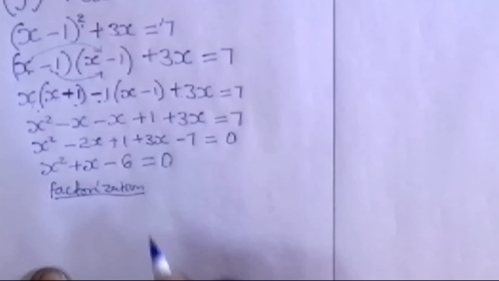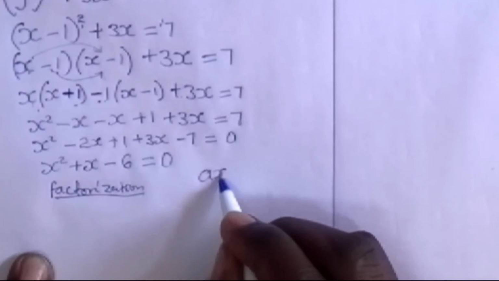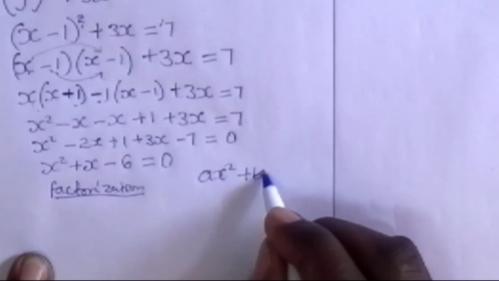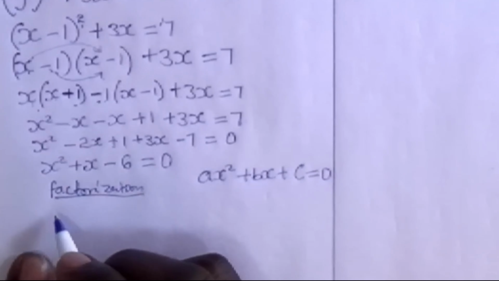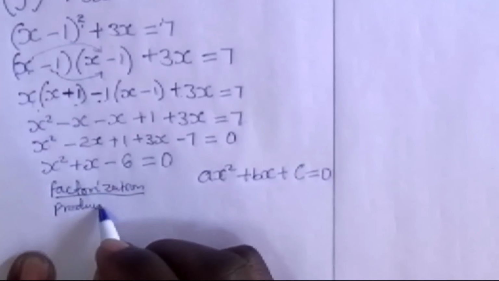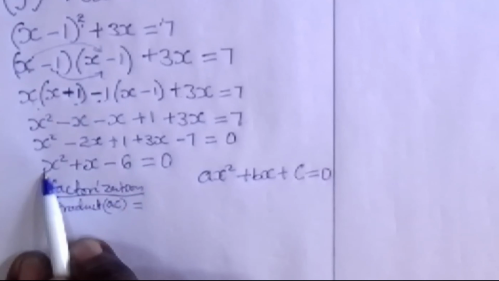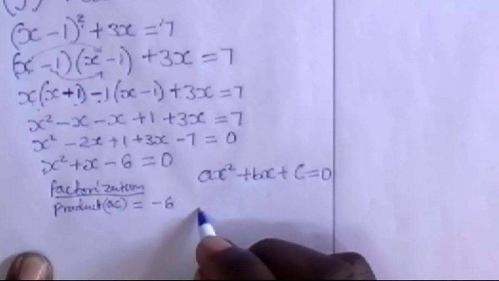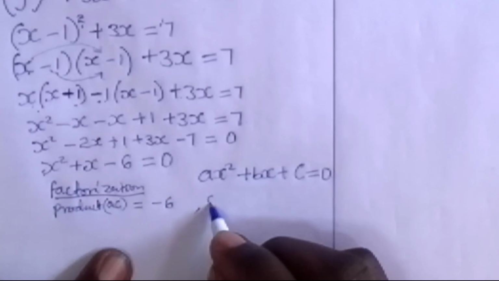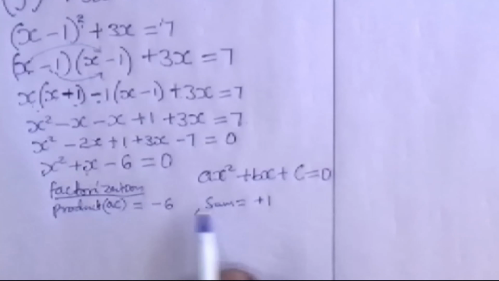We can use the factorization method to solve. Since this is of the form ax squared plus bx plus c equal to 0, we get the product ac, which in our case is 1 times minus 6, which is minus 6. Then we get factors of minus 6 such that when we add, we get the coefficient of x, which is plus 1.